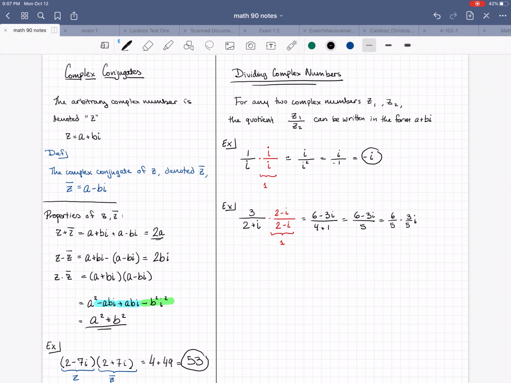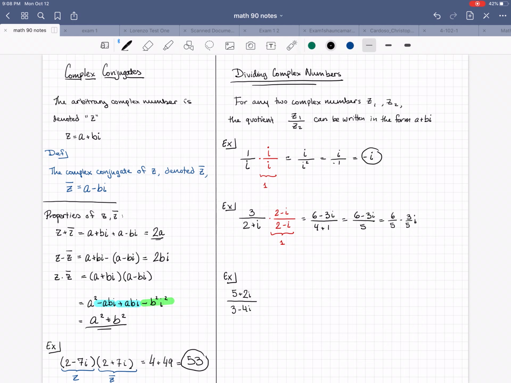Let's finish this off with an example where neither the numerator nor the denominator is purely anything. They're both complex. So say I have 2i plus 5 on top, and 3 minus 4i on the bottom, okay?